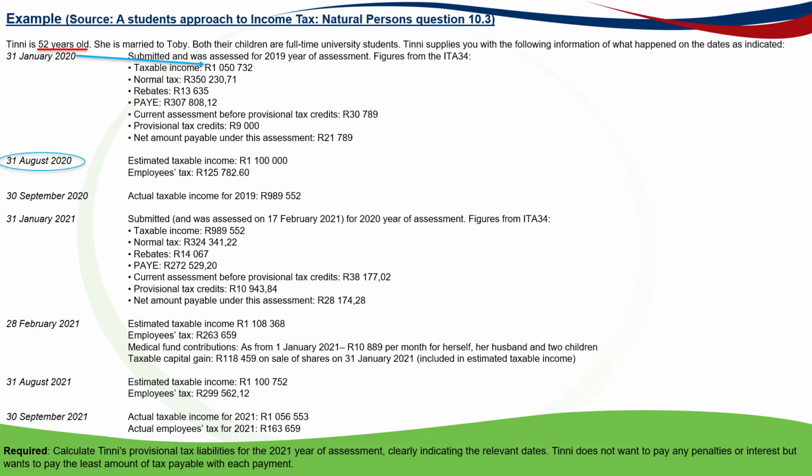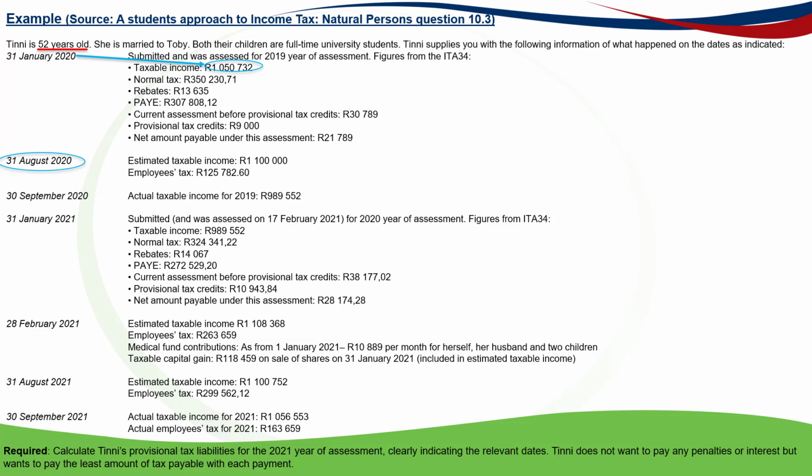The 14 days rule is therefore met. The basic amount of 1,050,732 will therefore be used as the basis of the first provisional tax payment.